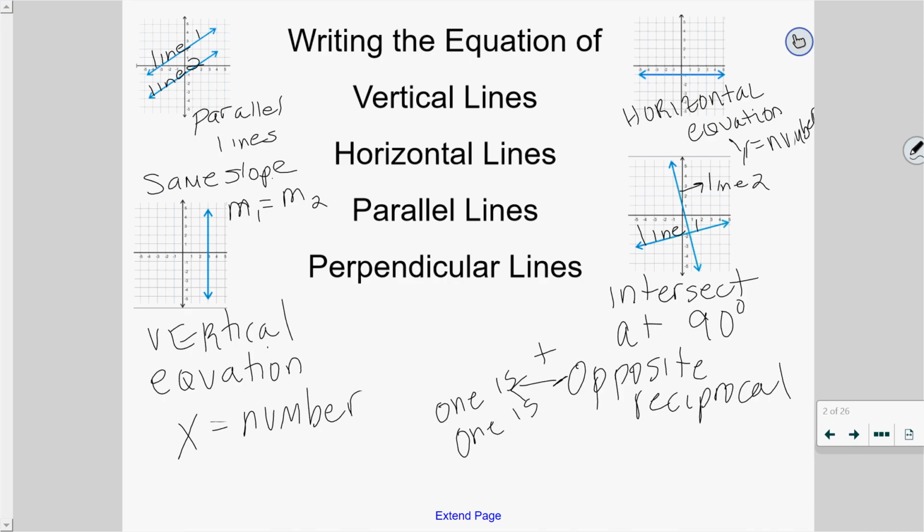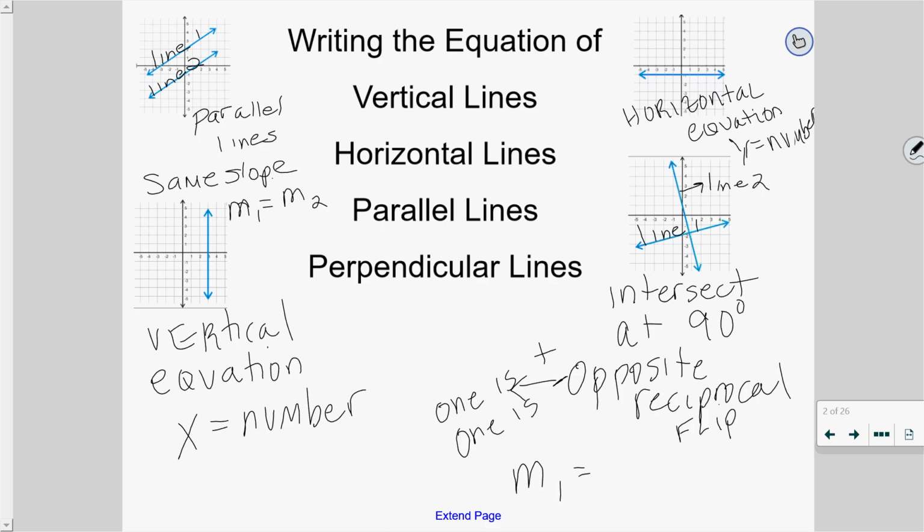Anybody remember what reciprocal means? Flip, right? Reciprocal means that you're going to flip it. So opposite reciprocal means the signs are different and we're going to flip it. So I'm going to try to write it in a way to help you remember.